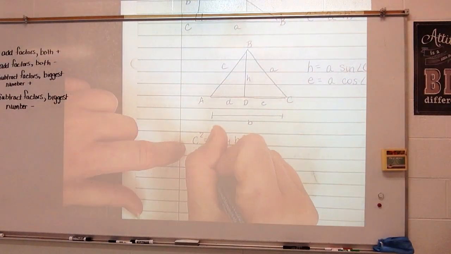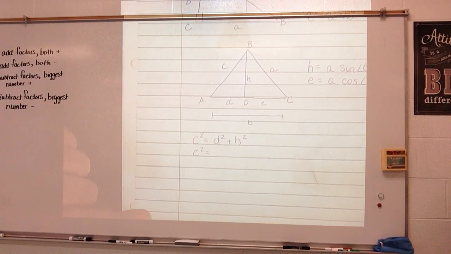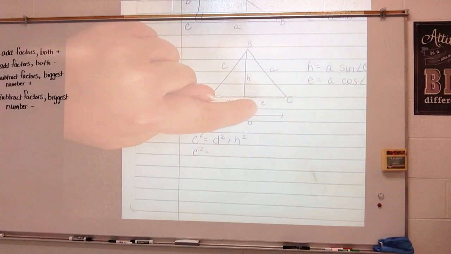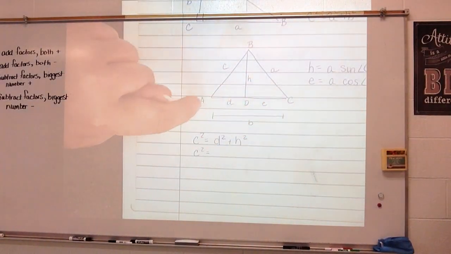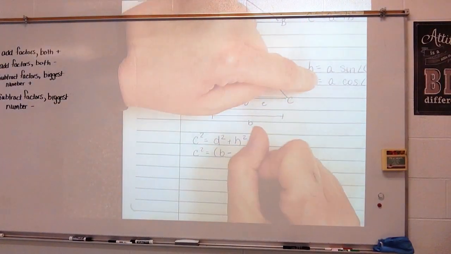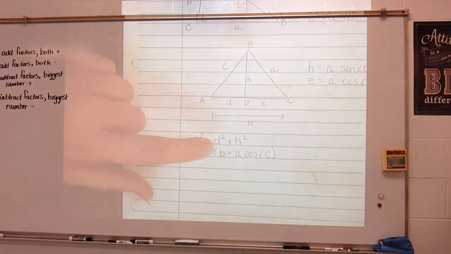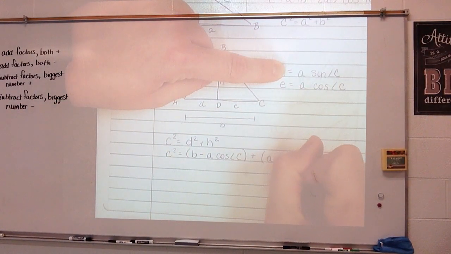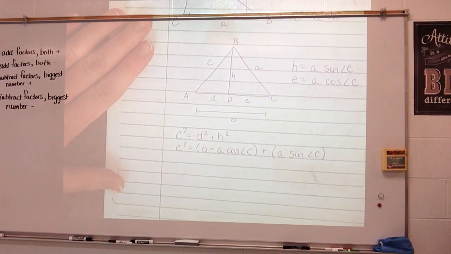So C squared is equal to D, which would be B minus E, because B is the whole entire thing, minus E, which was A cosine of angle C, all squared, plus H, which is A sine of angle C, squared. I forgot to square.